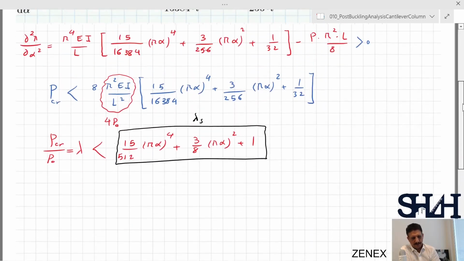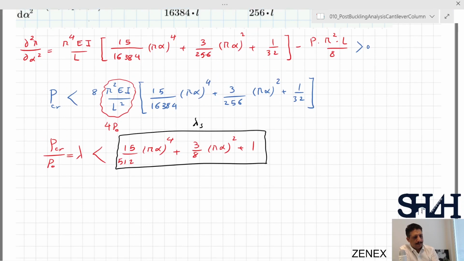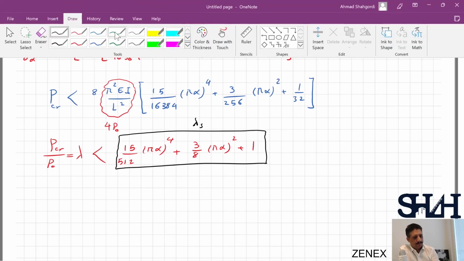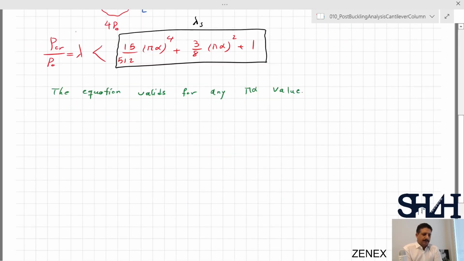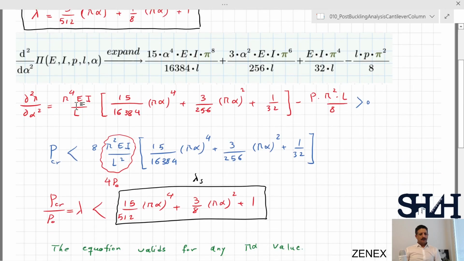So the equation is valid for any pi alpha value. If we want to sketch it by MathCAD, let's see how it looks like.